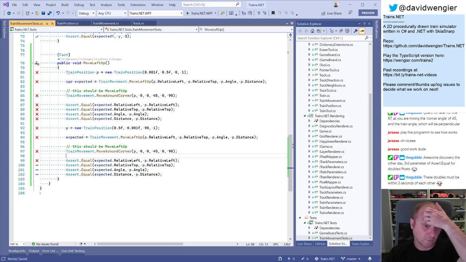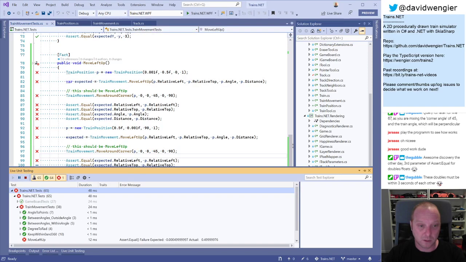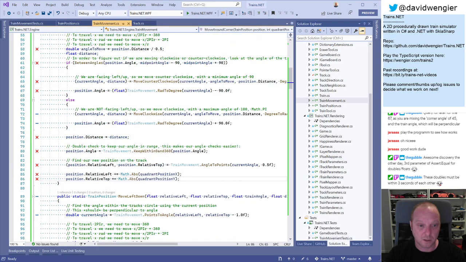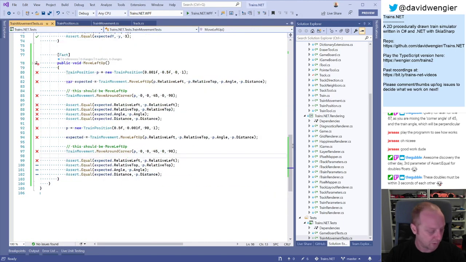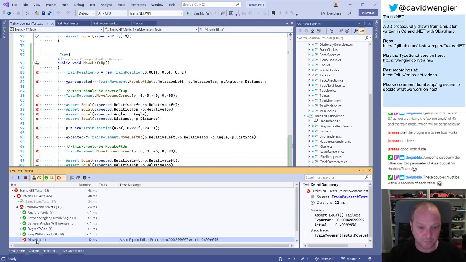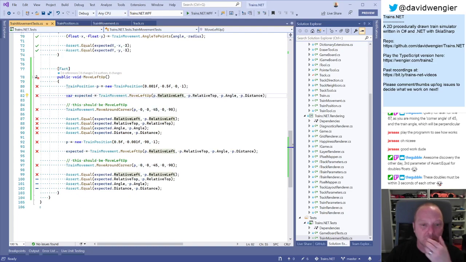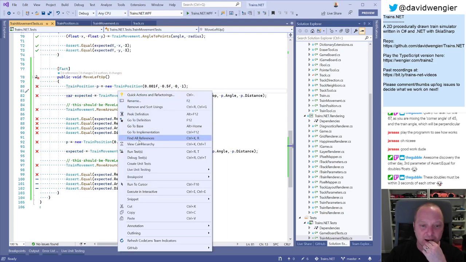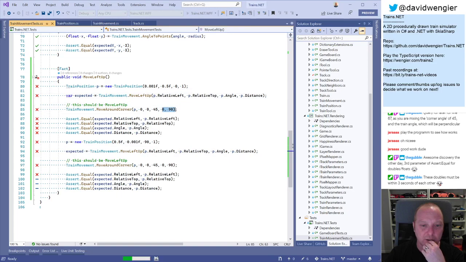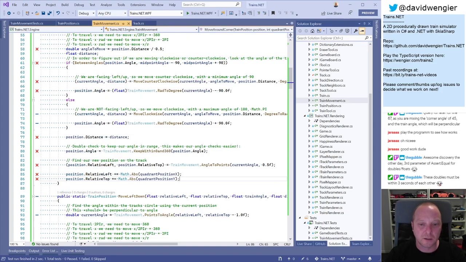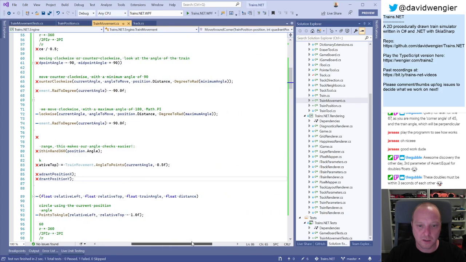Okay. So that didn't work. Oh, it's still not covered. Wait a minute. Didn't that just pass? Am I blind? That went green, didn't it? When I changed this 0 to 90. Oh, no, this is wrong. Oh, hang on. Have I got maximum angle?